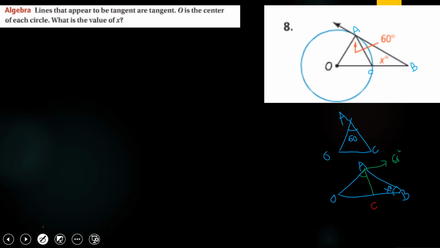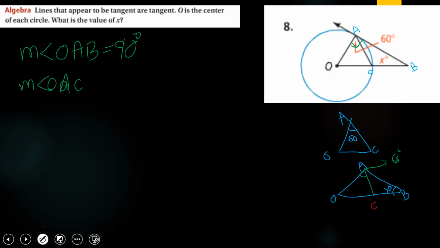So that means the angle here is 90 degrees. So the measurement of the angle OAB is 90.